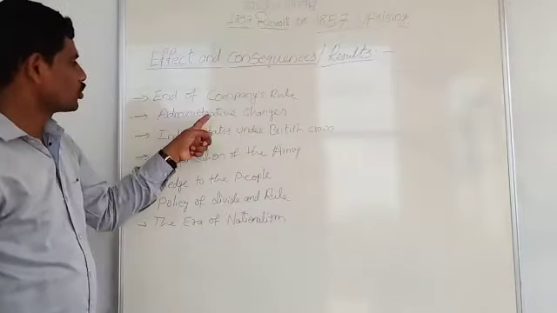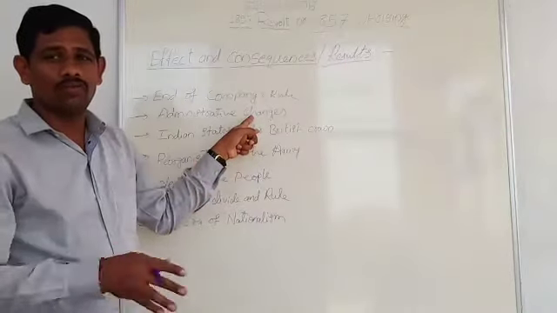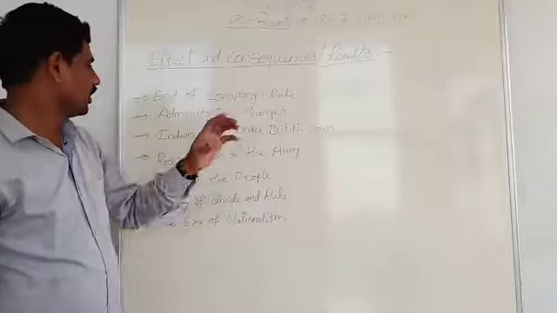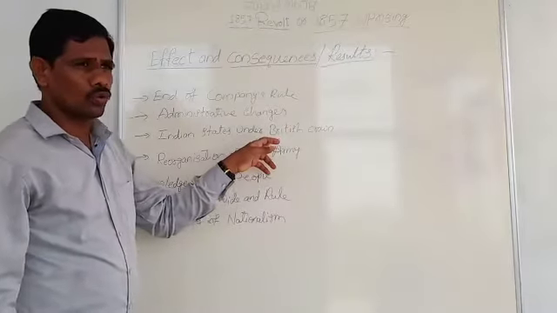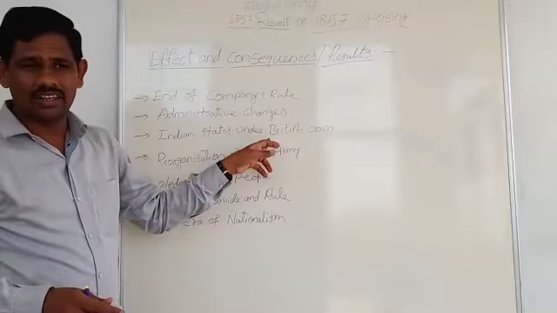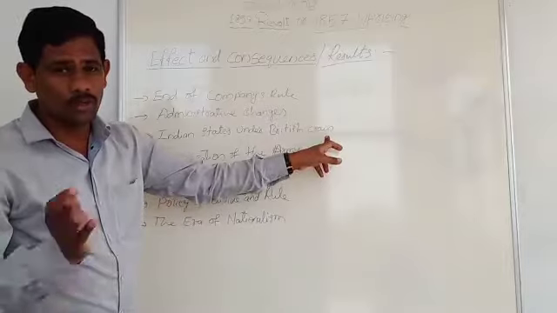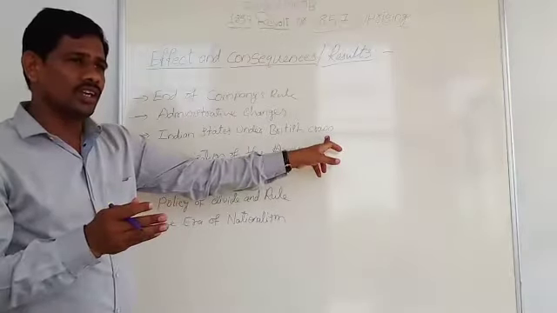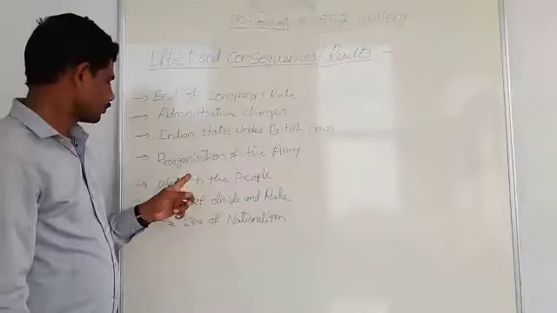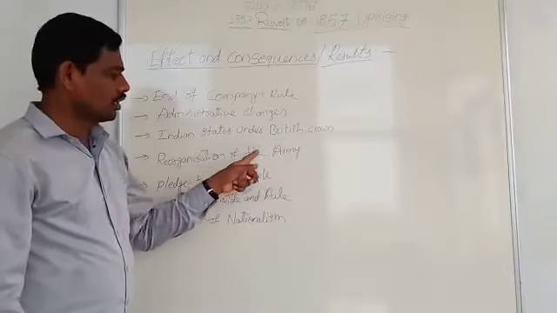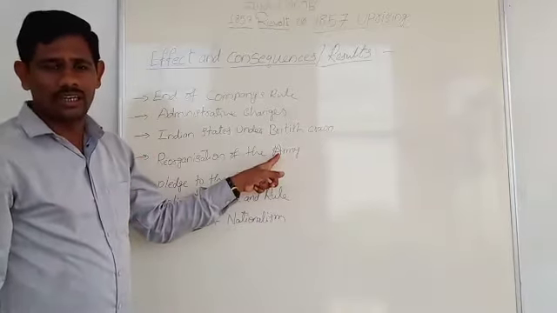Next, administrative changes. When East India Company rule ended, a lot of changes were brought into Indian administration. Indian states under the British Crown: a number of Indian territories or princely states came under the control of the British Crown, or British Queen, after East India Company rule ended. Next, reorganization of the armies: a lot of changes were brought into the Indian army.